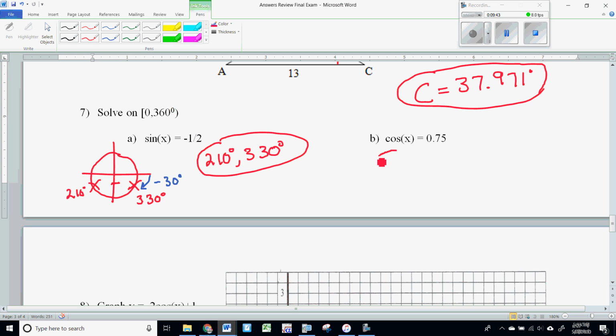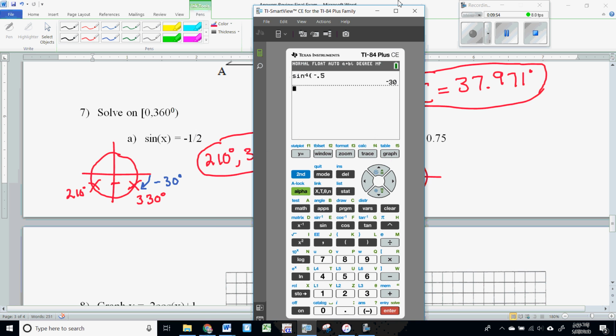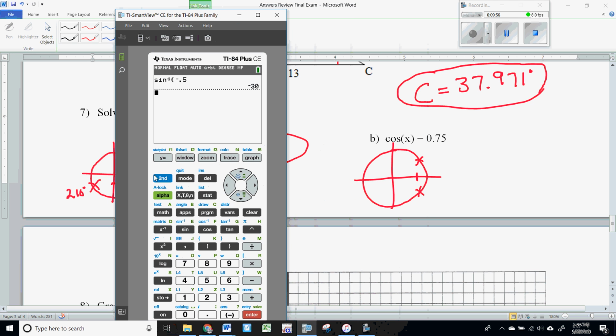Cosine of 0.75. Sine is the y coordinate. Cosine is the x. So here is my x, 0.75. I'm going to get that answer, and I'm going to get that answer. This is not a nice unit circle value, so I have to do this on the calculator. I do inverse cosine of 0.75. I get 41.1.